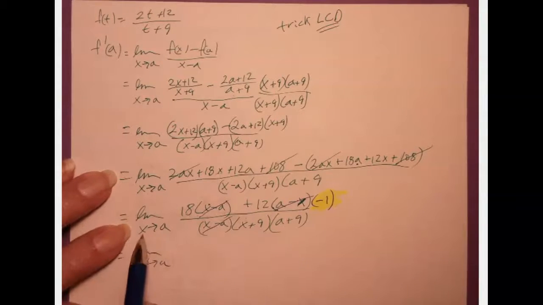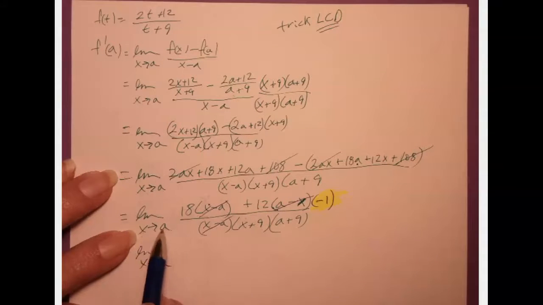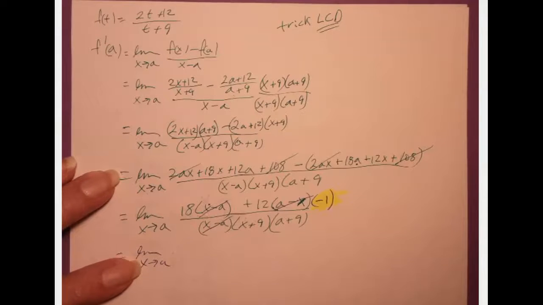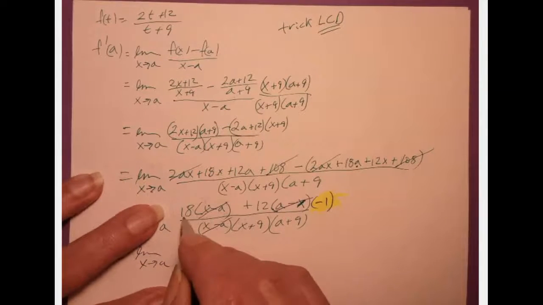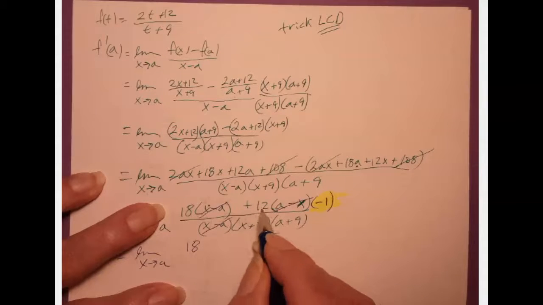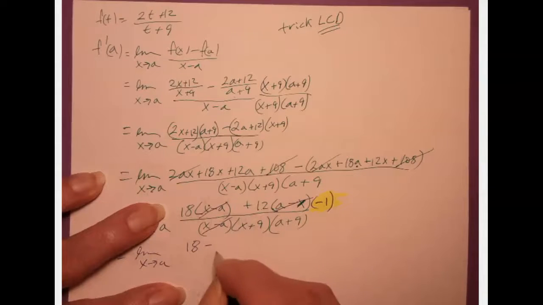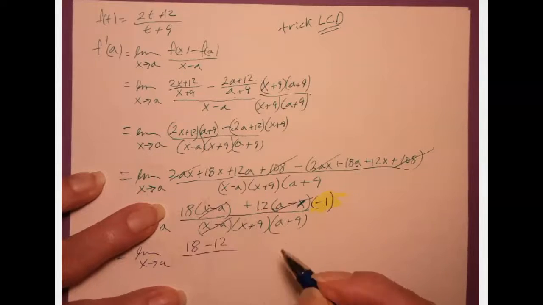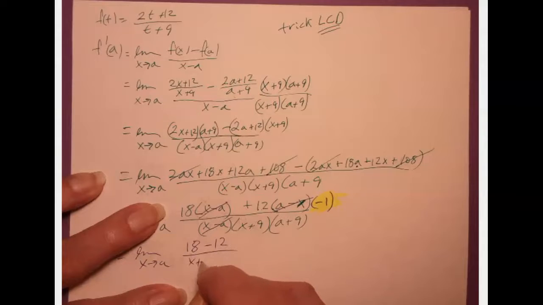Now, really here, I could go ahead and put the x goes to a. Everywhere I see an x, I'm going to put an a now because I don't have the x minus a term in the denominator anymore, so things will work here. But let's actually finish this out. So this becomes just 18 times 1, which is 18, plus 12 times the negative 1 is minus 12, all over x plus 9 times a plus 9.